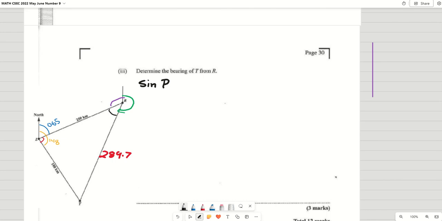You can use the cosine rule if you want; you're supposed to get the same answer.